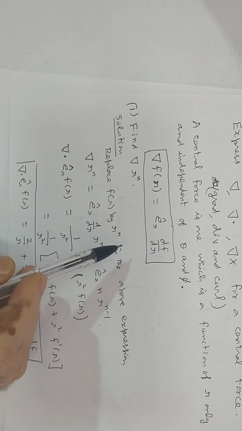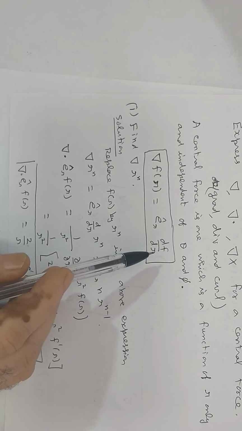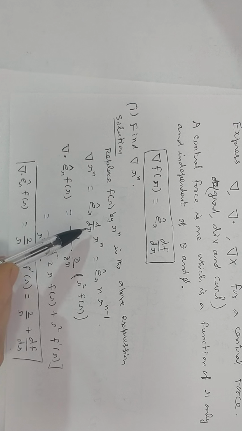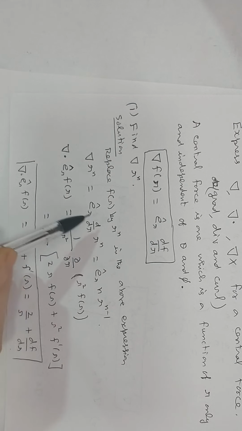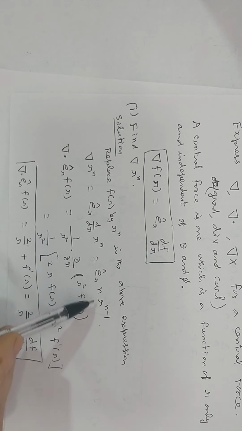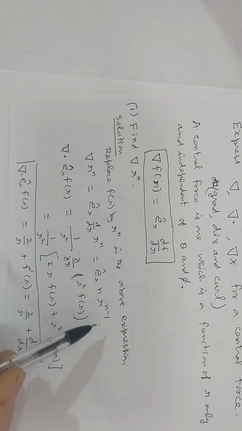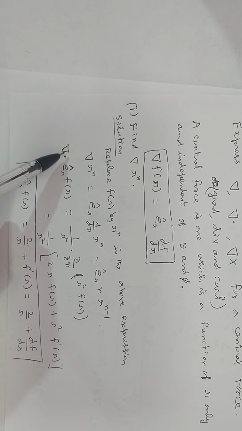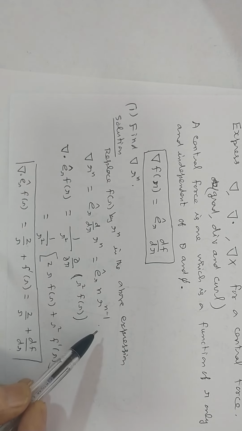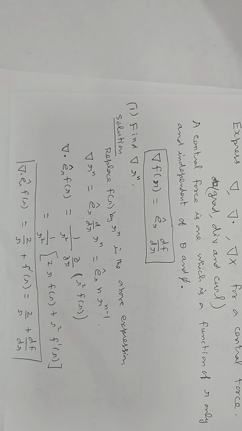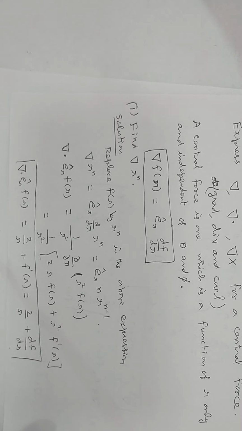Therefore, if you use r power n in the above expression, e_r d by dr of r power n, and if you differentiate, this is the expression for the gradient. So in a single line you can get the answer.